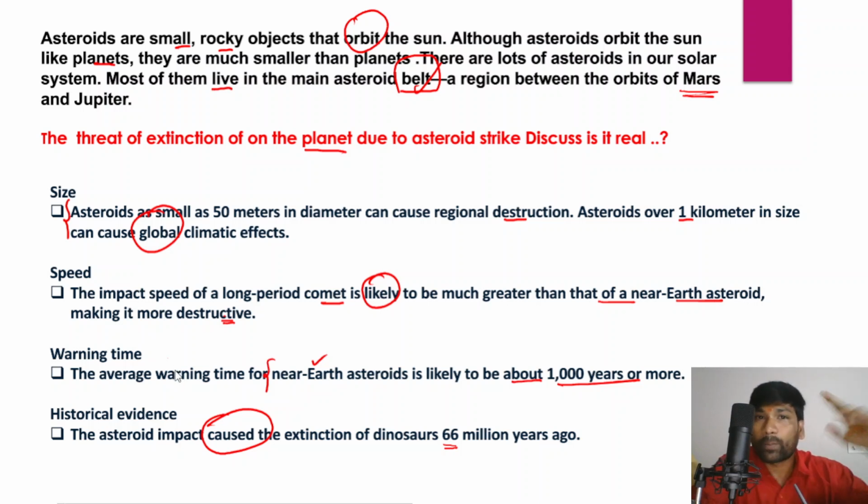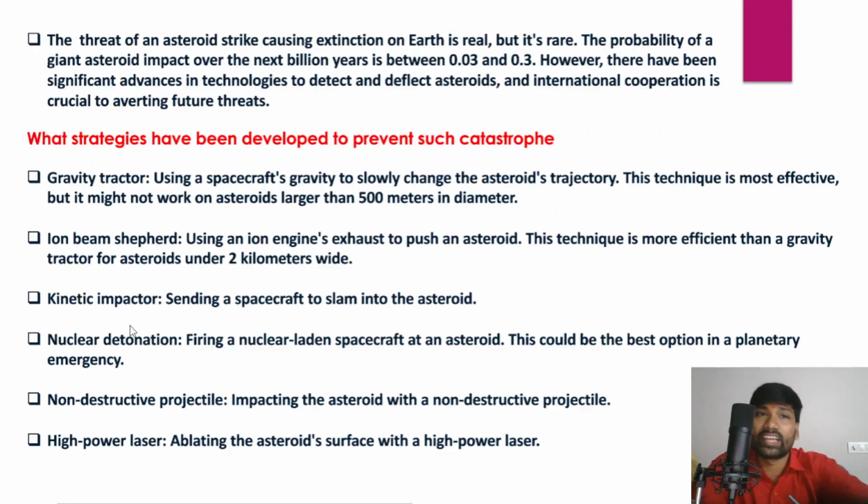They were top predators in the food chain, but they went extinct because of the asteroid strike. So the threat of an asteroid strike causing extinction on planet Earth is real, right? There's no doubt about that.